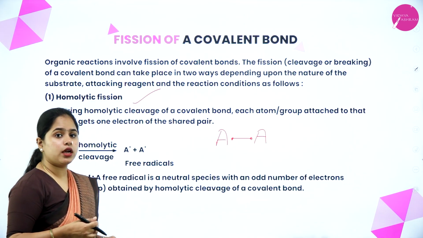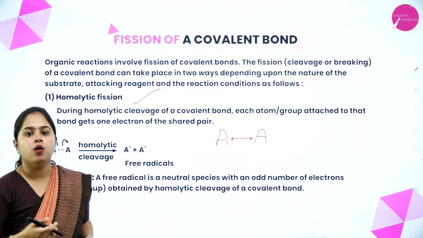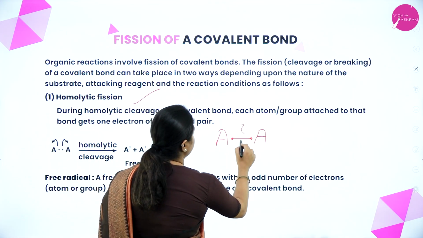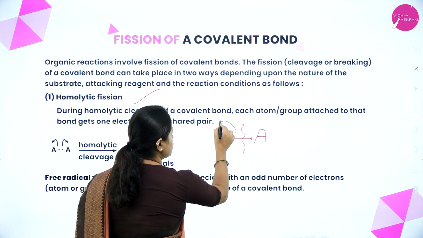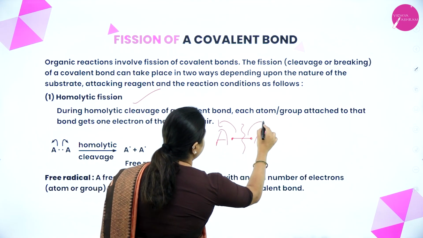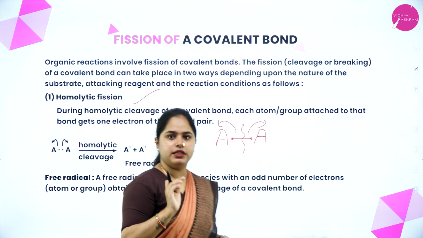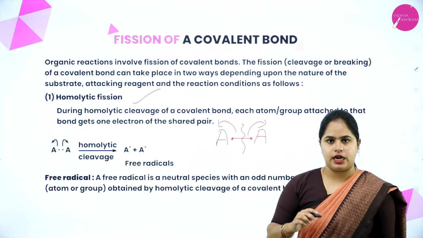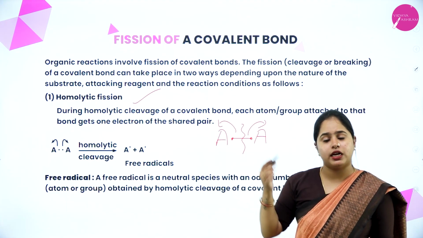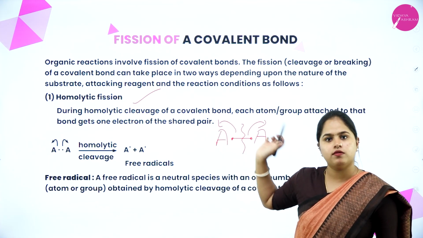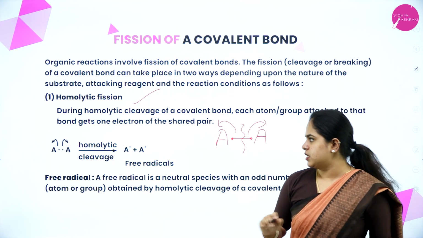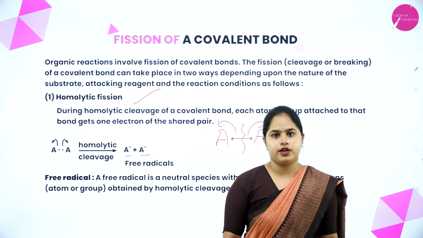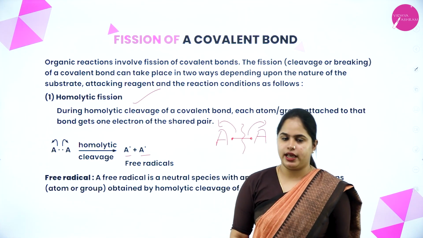Now, when the bond breaks in homolytic cleavage, one electron goes to one atom and the other electron goes to the other atom. Each of them gets one electron of the shared pair.